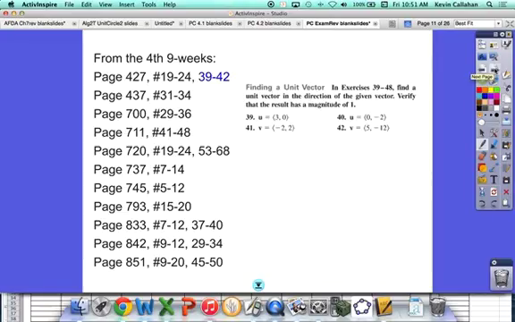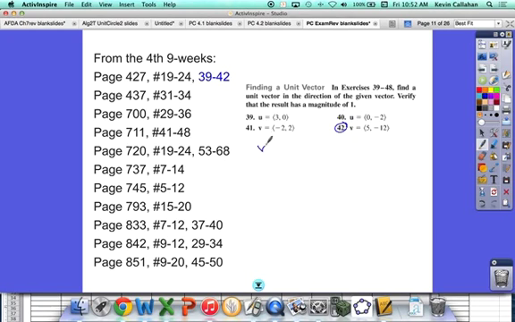How do you find a unit vector? Let's say I wanted to find the unit vector for number 42, a unit vector in the same direction as vector v. You divide it by its magnitude.